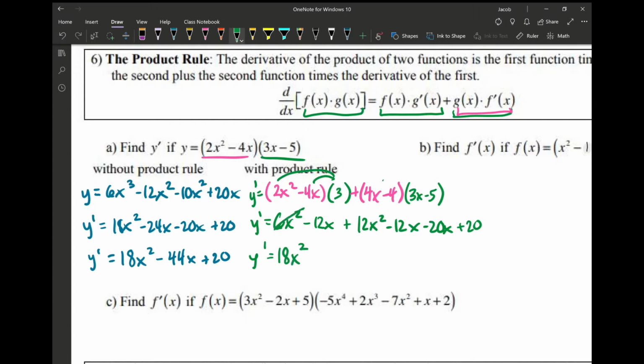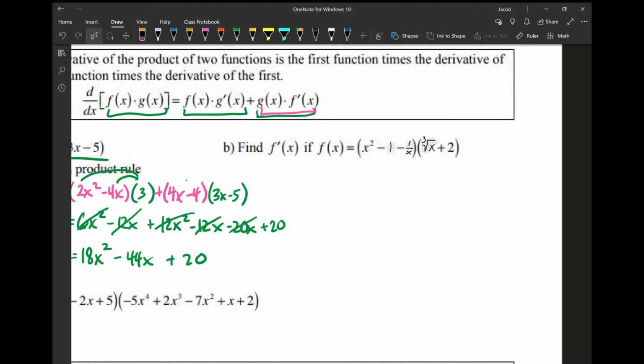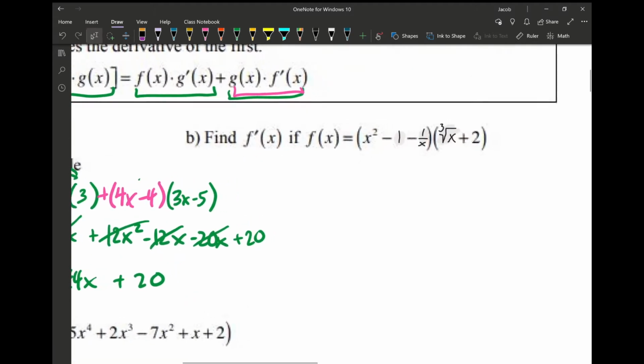So there's those. Then we've got minus 44x with all these plus 20. Yay!